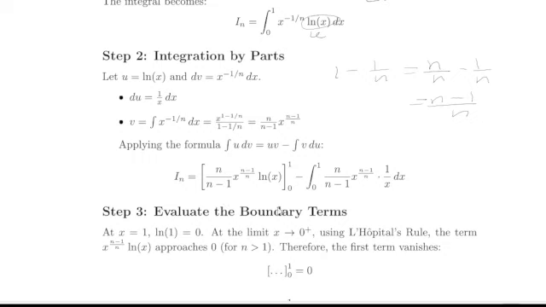And then we want to approach 0 from the right because we have a natural log function. Remember that the natural log looks something like that. It's defined for x being greater than 0. So we must approach 0 from the right. That's what we have over here. To do that, we want to use L'Hopital's rule.